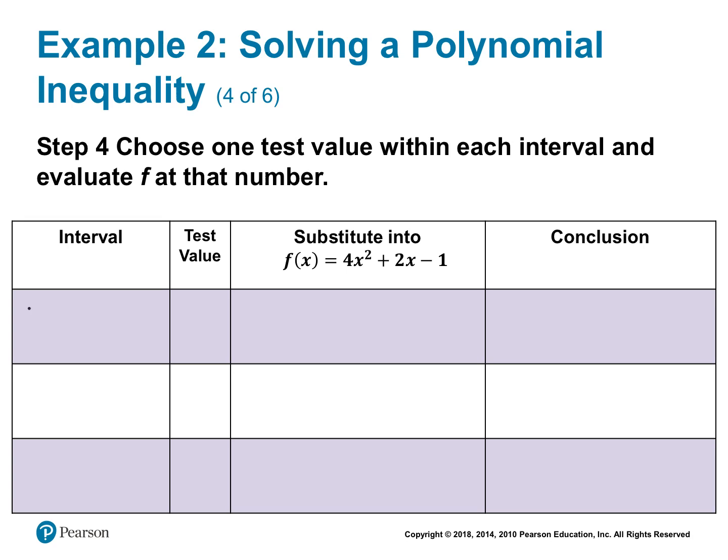So my three intervals, negative infinity up to negative 0.8. A number that'd be easy to test in there would be negative 1. So replace our x's with negative 1. I get 4 plus 2 minus 1.